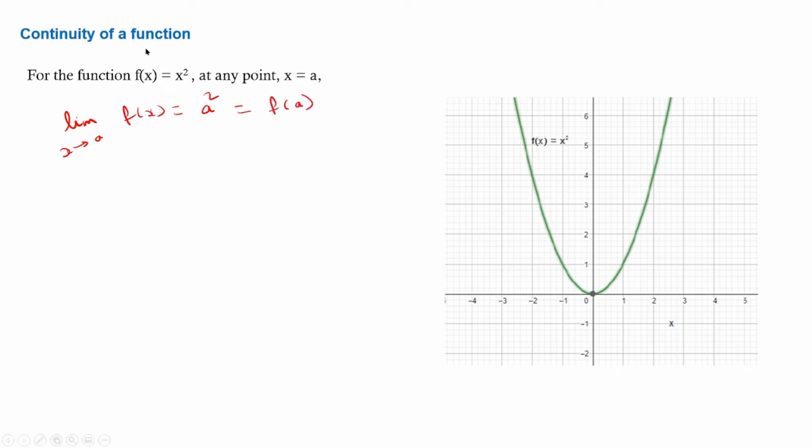So we say that the function f of x equal to x square is a continuous function. We don't have to lift our hand when we draw this curve. So for any point x is equal to a, limit x tends to a, f of x equals f of a, and this function is a continuous function.